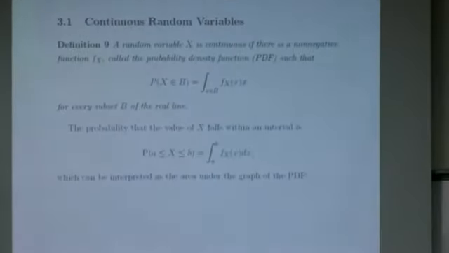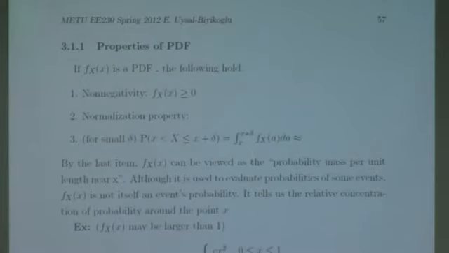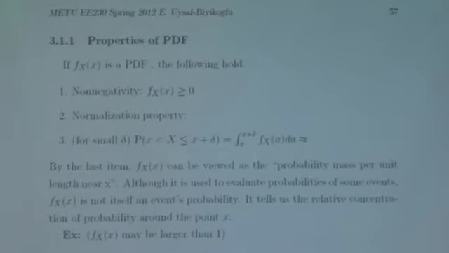Now, a random variable x is continuous, as I said, if and only if there's a PDF. So let's understand what kind of function this PDF has to be. First of all, we find probabilities by integrating the PDF, and we need to be able to integrate over any arbitrary region, and that should give us a probability. But we know that probabilities are non-negative.